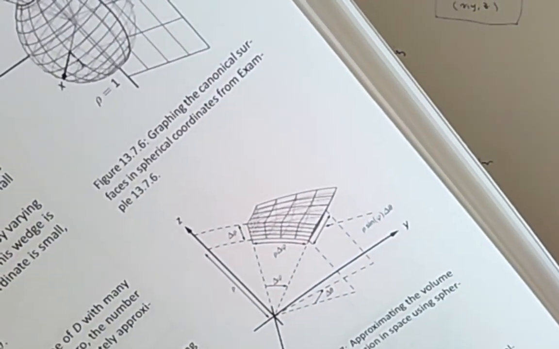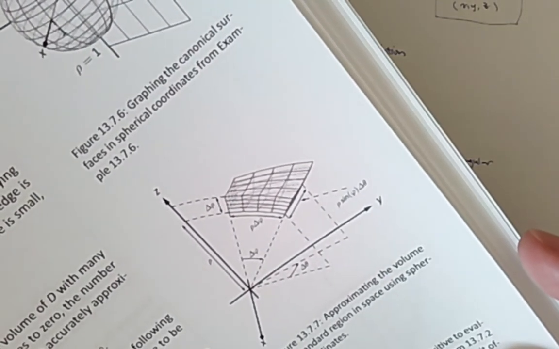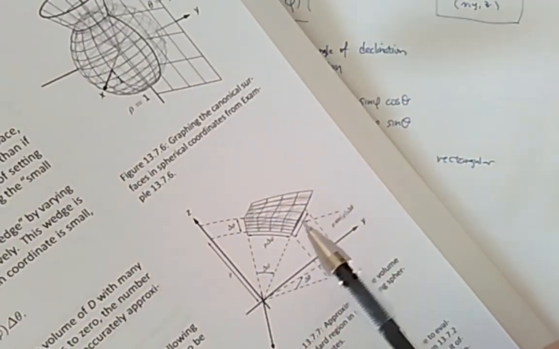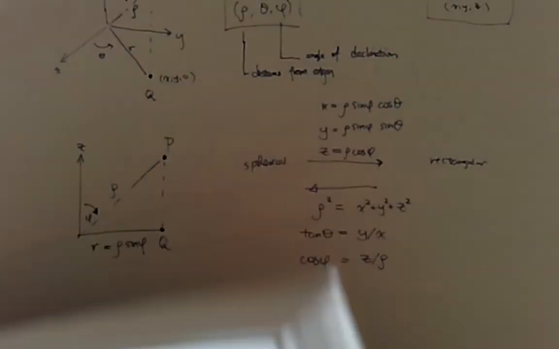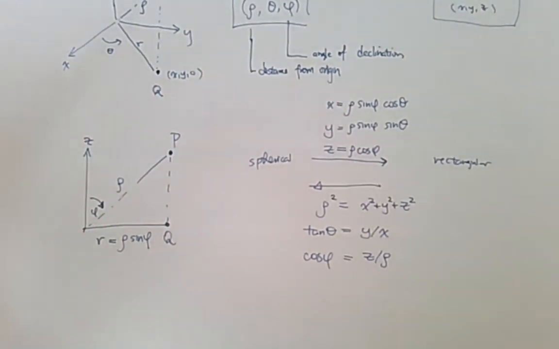Sorry, I can't turn it because my document camera's body is in the way. Okay, but you can see this weird shape right here. And you can use geometry to calculate that volume estimated, just like how we did it for polar coordinates. That's too complicated. The details are in the book, so I don't want to go over it.